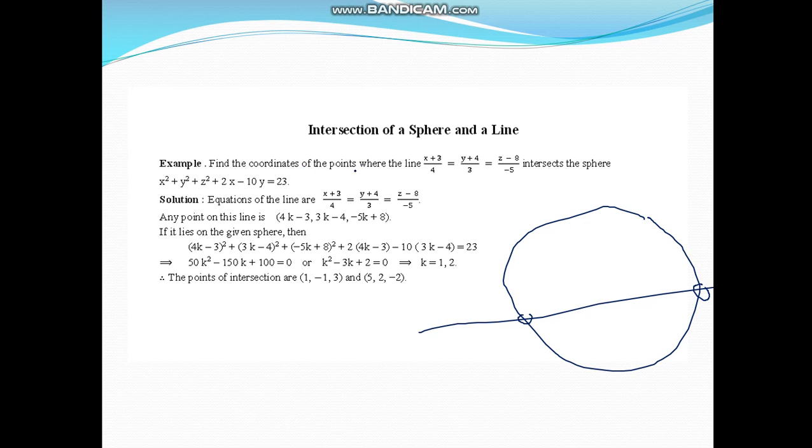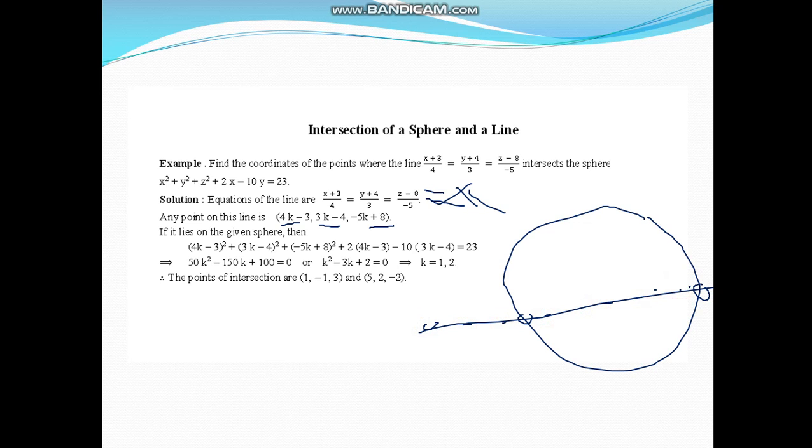Find the coordinates of the point where this line intersects the sphere. We know the equation of line. Any point on this line, let us suppose it equals k, so we can find the values of x, y, z. So these are the coordinates of any point on this line.